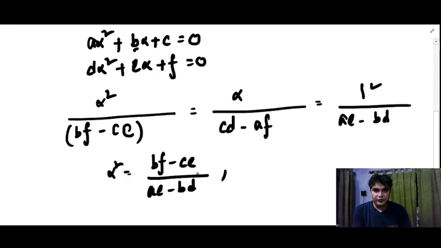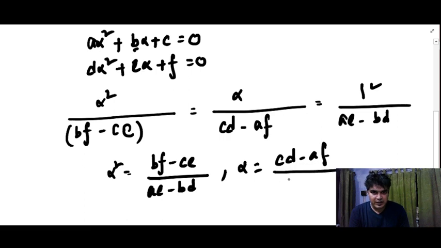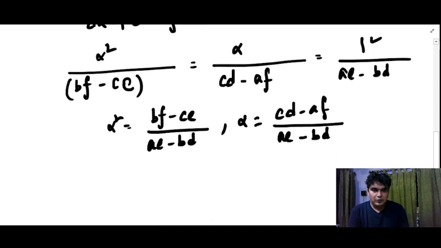Now the value of alpha would be cd minus af by ae minus bd. Okay. Now we have the value of alpha square, and we have the value of alpha. Now at some point we are going to equate them. How can we equate them? We can equate the value of alpha square. So that means we are going to square the second value, and after that we will equate it to the first value.